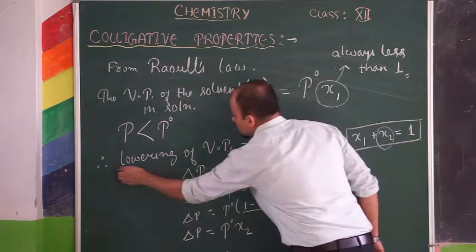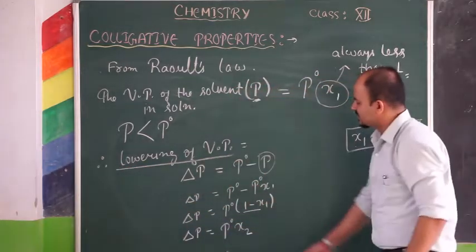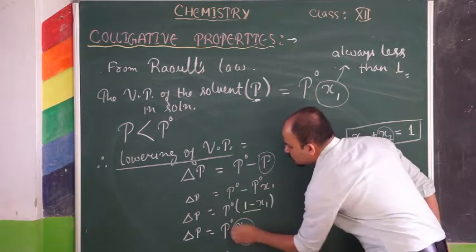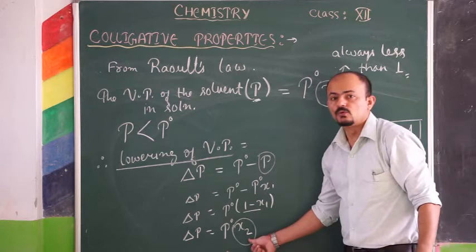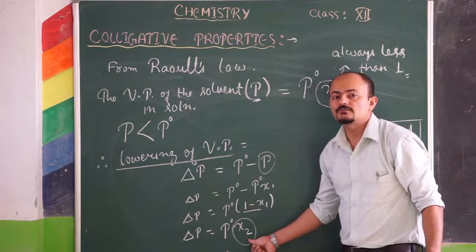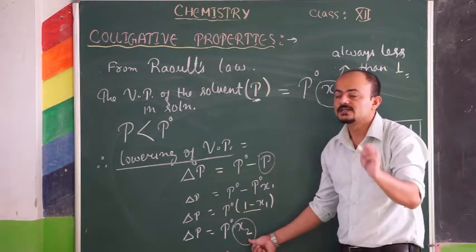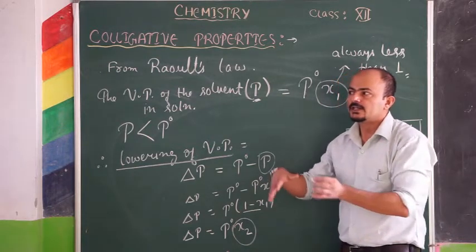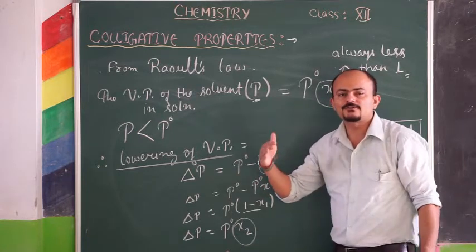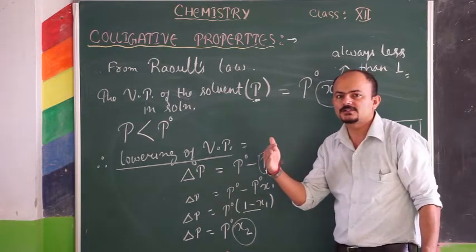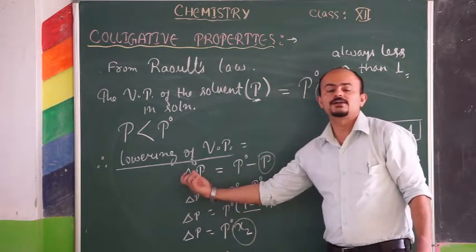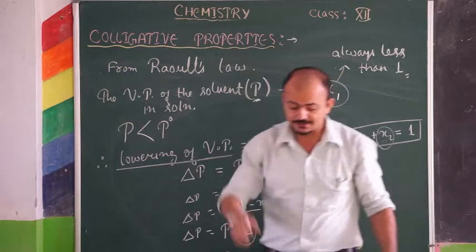Therefore, see, lowering of vapor pressure is directly proportional to x2. x2 is the mole fraction of the non-volatile solid molecule. Please remember this. The more moles you add of this non-volatile solid particles in the solvent, the lowering of vapor pressure will also be higher.